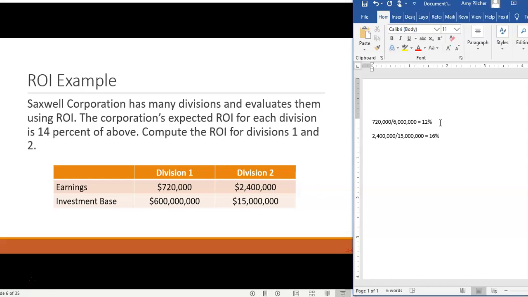So when we're looking at this, Division 2 is exceeding our corporation's expected ROI for a division, but Division 1 is not. So then we would want to have more information about why Division 1 is not meeting that required 14%.